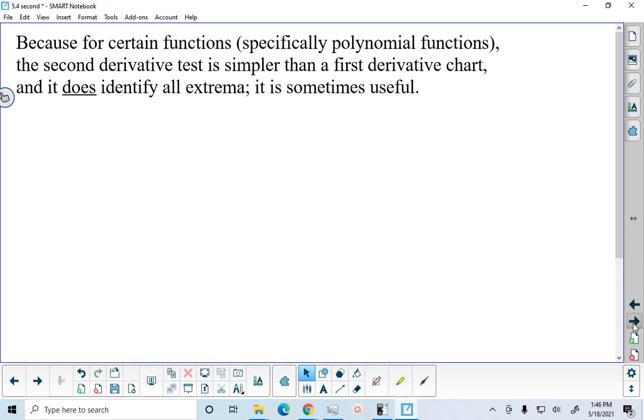And particular functions at max-mins always have first derivatives equal to 0. I'm aware this is difficult to follow, but I'm hoping that it's going to all gel together in a second. Specifically, polynomial functions are ideal for the second derivative test. You can get all of the extrema, and you can do it very quickly.